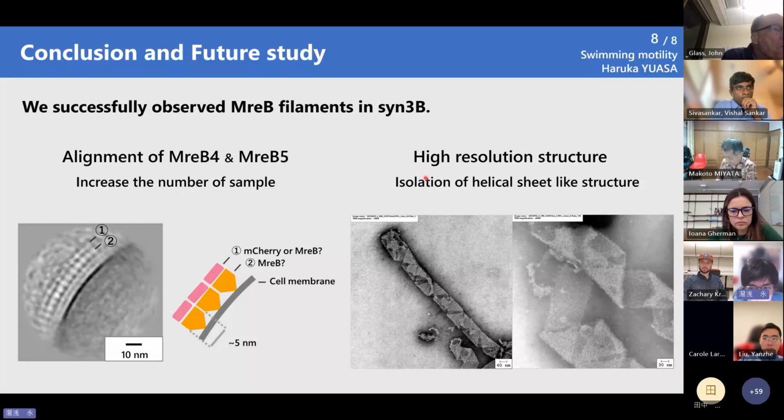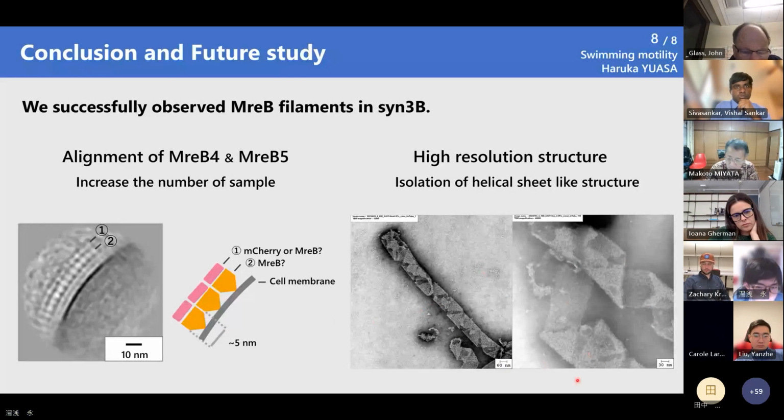Next, we are also planning to solve the high-resolution structure. Now we can observe helical and sheet-like structures like this from syn3B. So I'm working on isolation of this filamentous structure. That is all for my presentation. Thank you for listening.